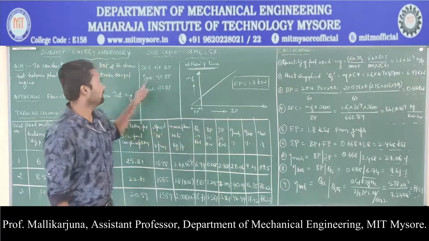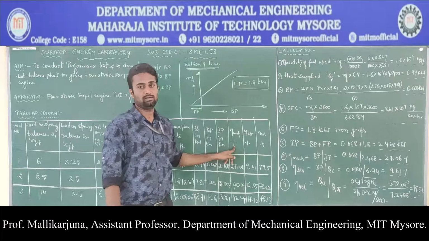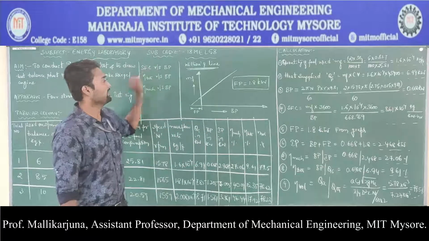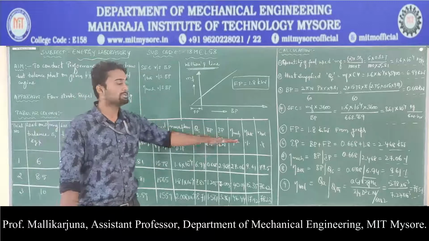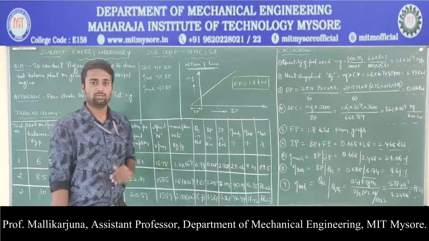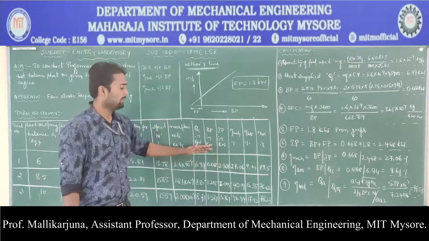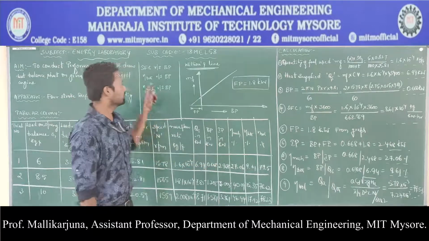BP, brake thermal efficiency and mechanical efficiency we are aware of. To plot the characteristic curves, all the required variables are calculated now, so we can go for plotting the graph for all these variables.